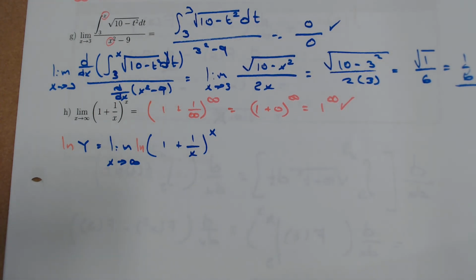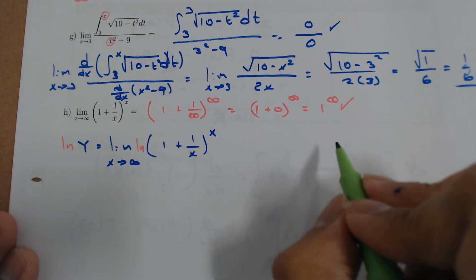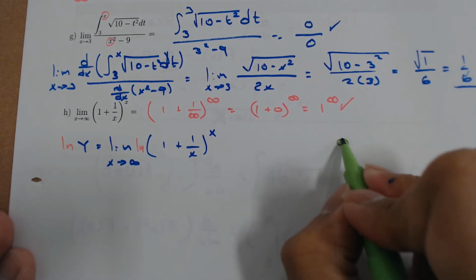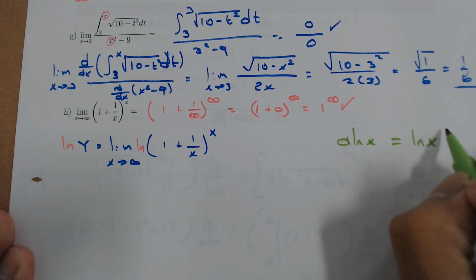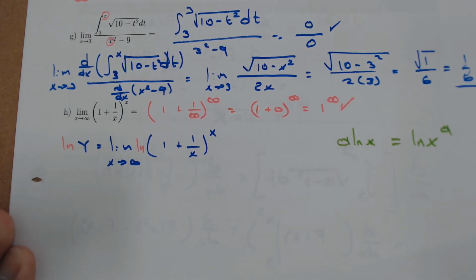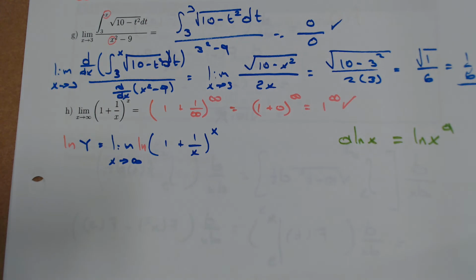Now, there's a very important property of the logarithms, the one that says a times ln of x equals ln of x to the a. I don't know if you have heard of this name before. That's the smackdown basketball rule.